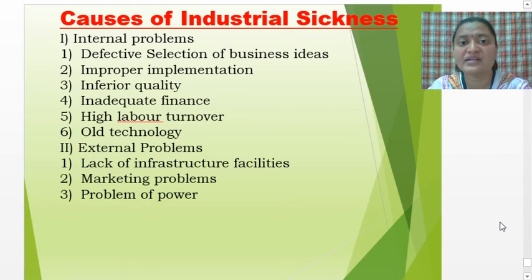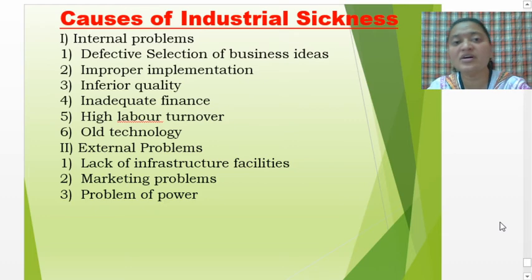Just briefly, let us recap. It has been divided into internal problems and external problems. Internal problems were: defective selection of business idea, meaning they are not choosing the right idea or business. Improper implementation, meaning whatever plan has been set, if the manager fails to put it into action, then also the industry will become a sick unit and come into loss.